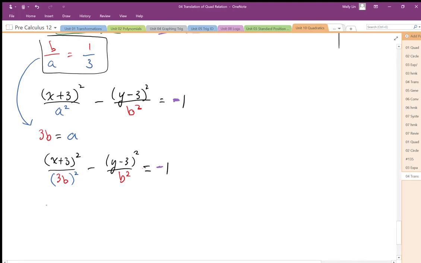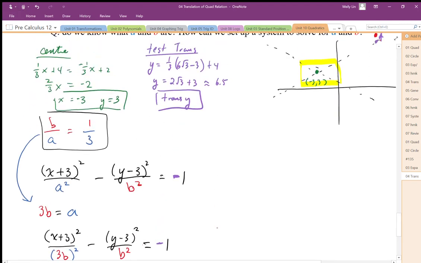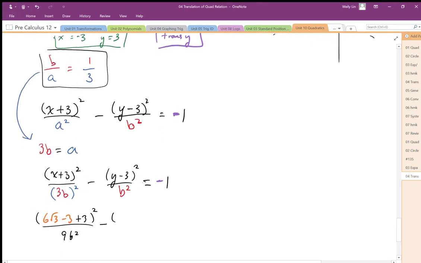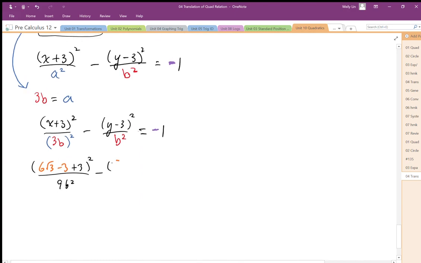So it's going to be 6 root 3 minus 3 plus 3, which cancels out the 3's, over 9b squared minus, okay, the y was equal to 7. So y is equal to 7 minus 3 squared over b squared equals negative 1, multiplied through by 9b squared.